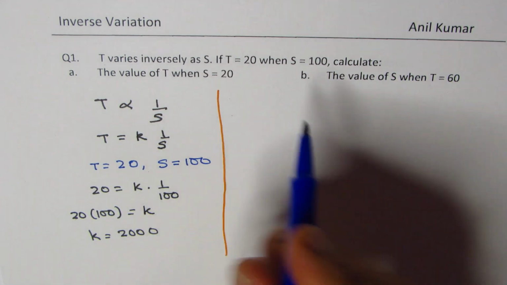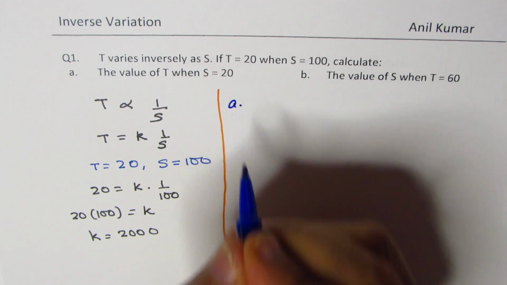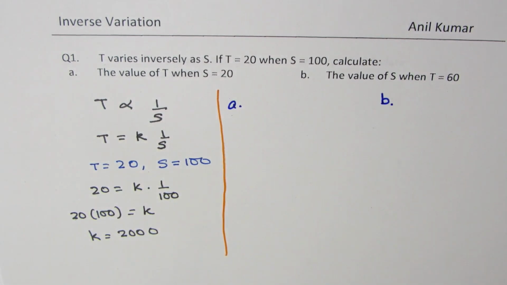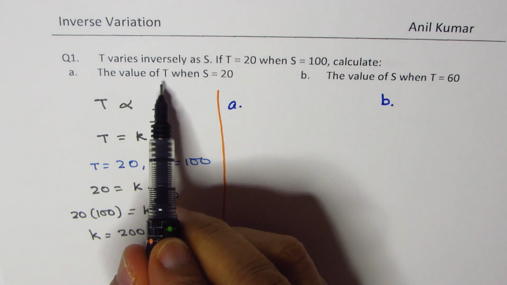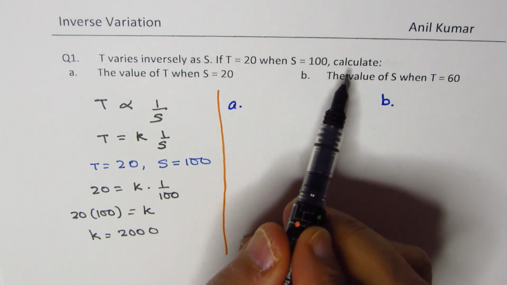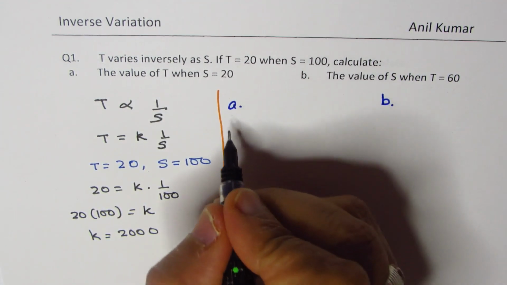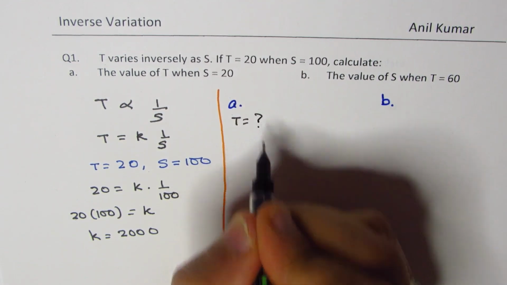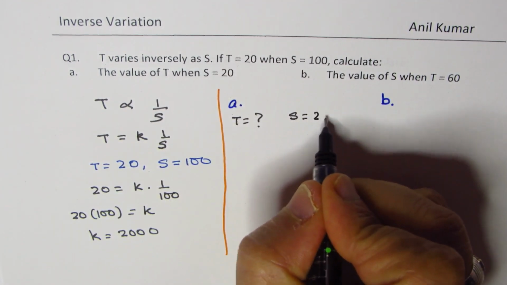Now we have two related questions, A and B. Let us see how to solve these questions. Question A is the value of t when s is 20. That is what we need to calculate, right? So we need to find t when s is equal to 20.